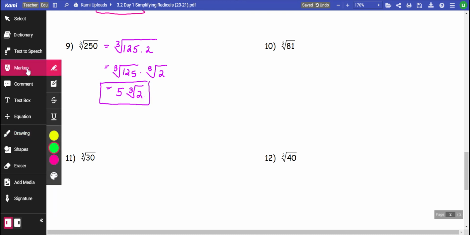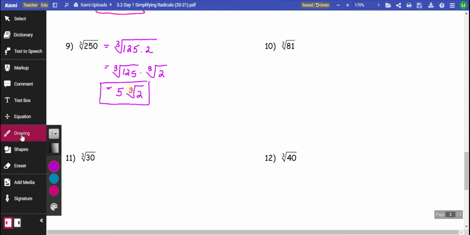Now, you do need to make sure that you keep that 3 there by the radical. Otherwise, you're suggesting that it's a square root and not a cube root. Okay? All right. Now, in number 10, I have the cube root of 81.